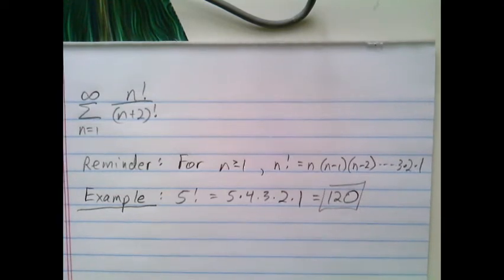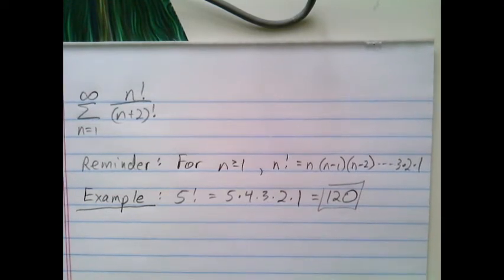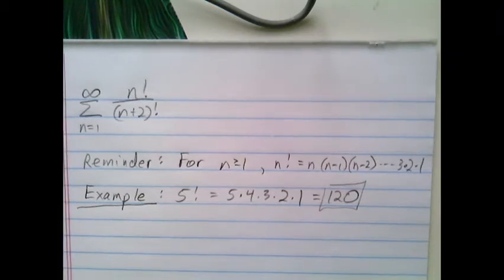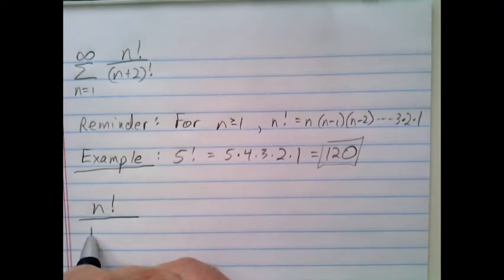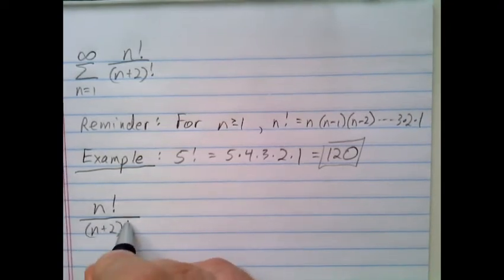Now, factorials do come up in series a lot. And sometimes they can really complicate the series. But in this particular example, we can use a little bit of knowledge of what factorials look like to simplify them. So let's focus on the nth term of this series.